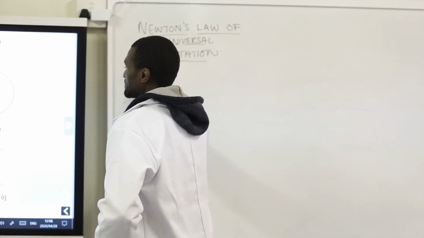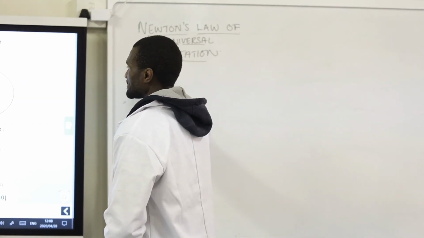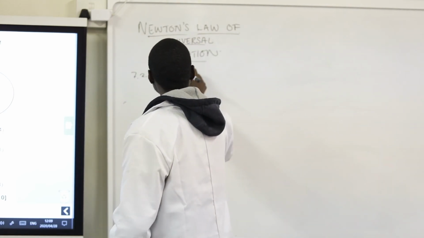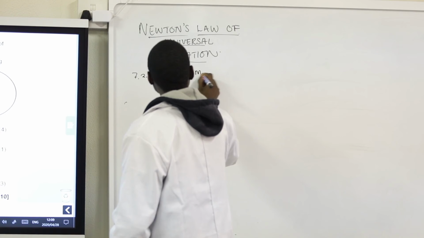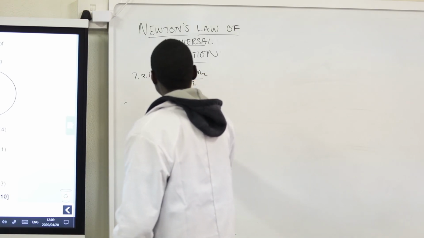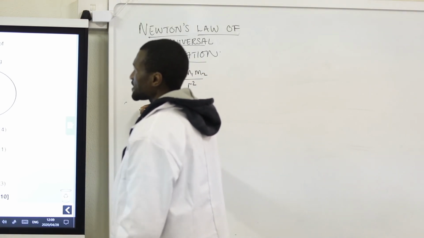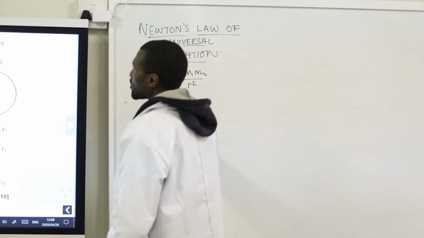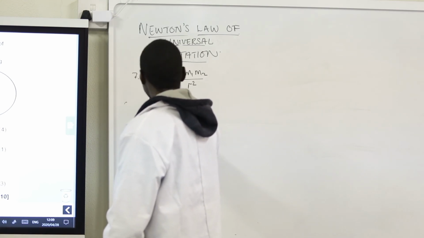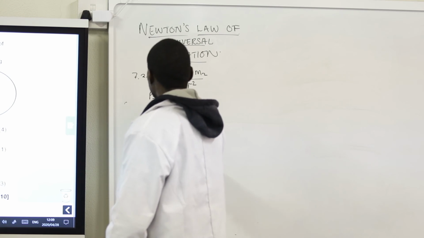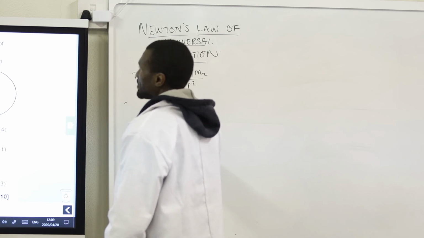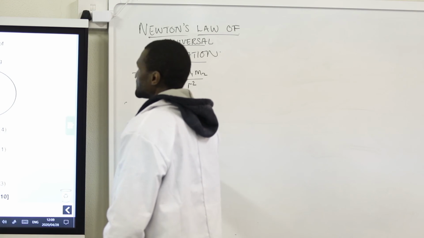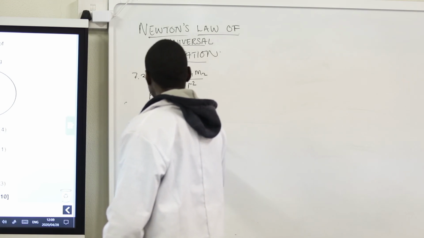So 7.2.1 says F is equal to G M1 M2 over R squared. What is my information? My information is that P has got a mass of 65 kgs, Q has a mass of 80 kgs, and R is equal to 90 centimeters.